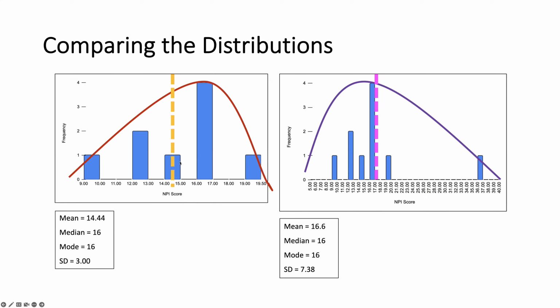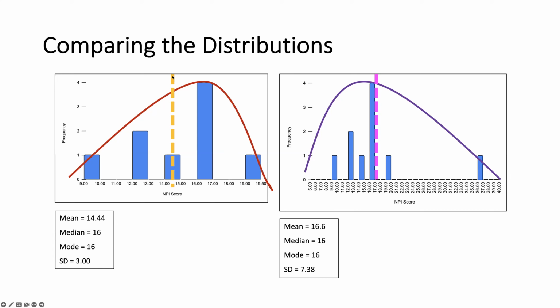To explain this in a little more detail, I have a picture of each of the distributions, and I drew a curve over them so that you can see the shape and how it changes. This is our first example where we had our 9 scores. Our mean was 14.44, our standard deviation was 3, and the median and mode are 16. You can see that this shape is leaning towards the right a little bit. The majority of our scores are in this right part here.